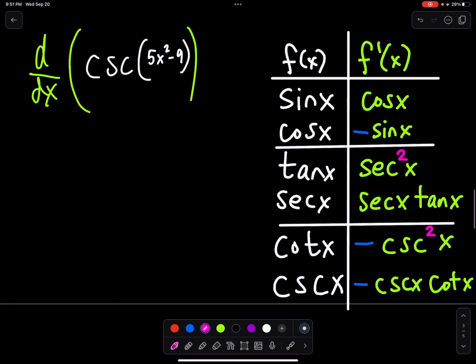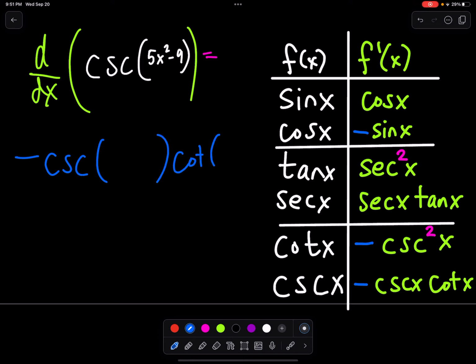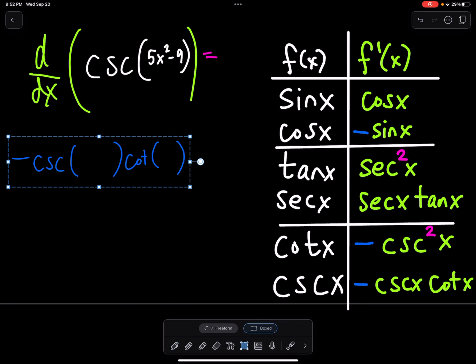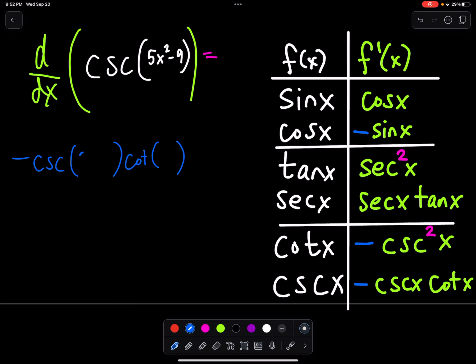Oh, cosecant. Whoop, we're taking the derivative. The derivative of co is negative. With cosecant, you're going to have itself and its tangent buddy, which is cotangent. But now your input is not x. Your input is 5x squared minus 9.